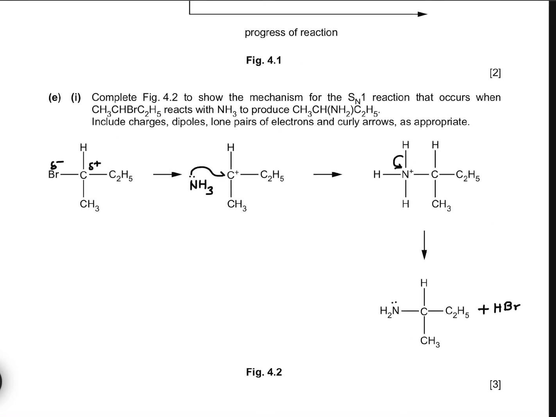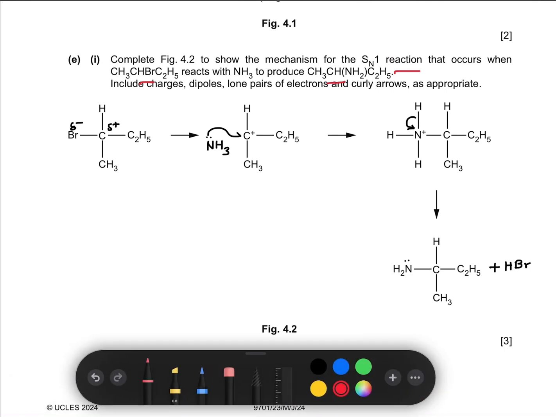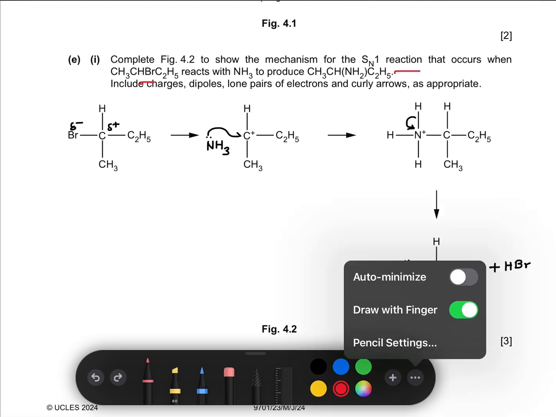E. 1. Complete figure 4.2 to show the mechanism for the SN1 reaction that occurs when CH3CHBrC2H5 reacts with ammonia to produce this compound. Include charges, dipoles, lone pairs of electrons and curly arrows as appropriate.